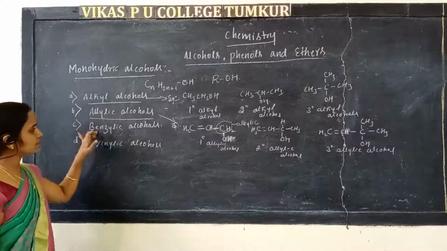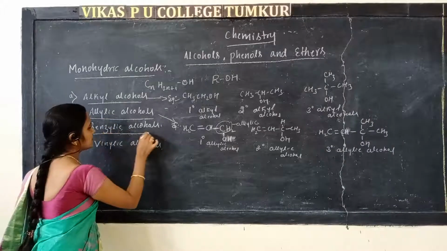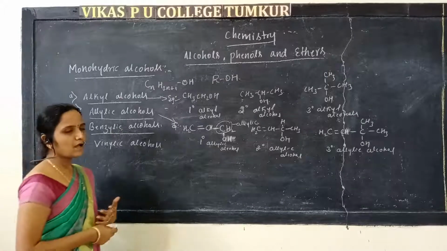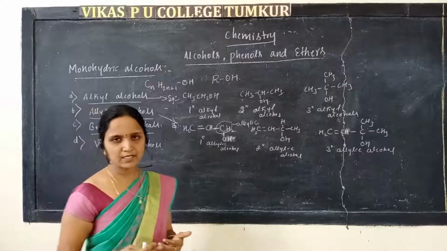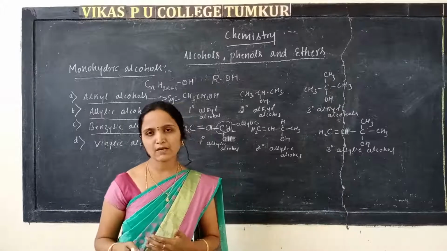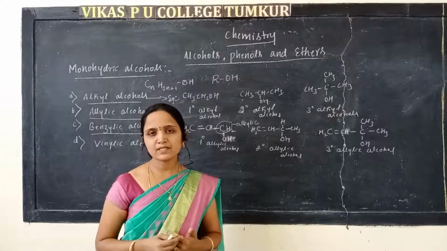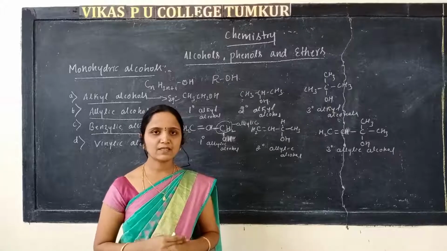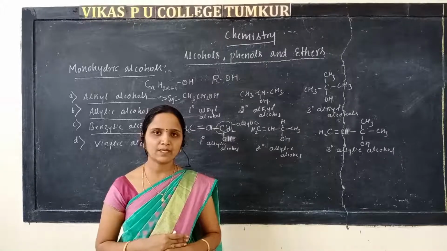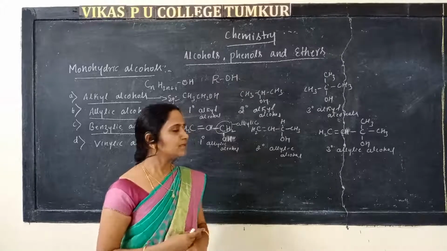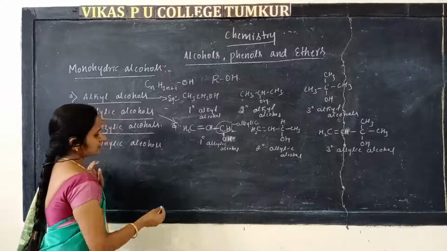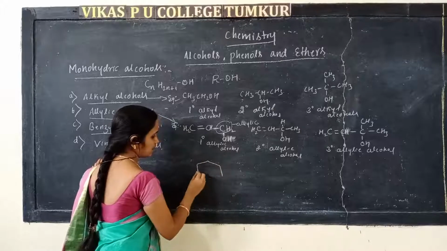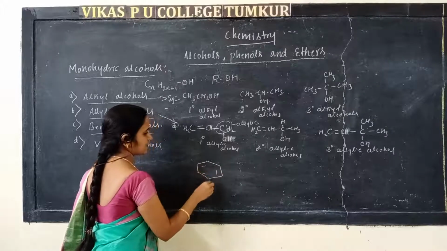Next we are going to discuss benzylic alcohols. Benzylic alcohols are the aromatic alcohols in which the OH group is attached to the side chain carbon. For example, take an aromatic ring, benzene.